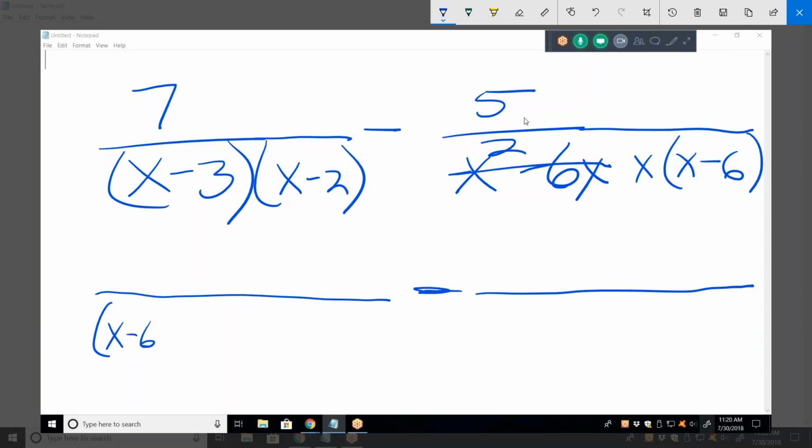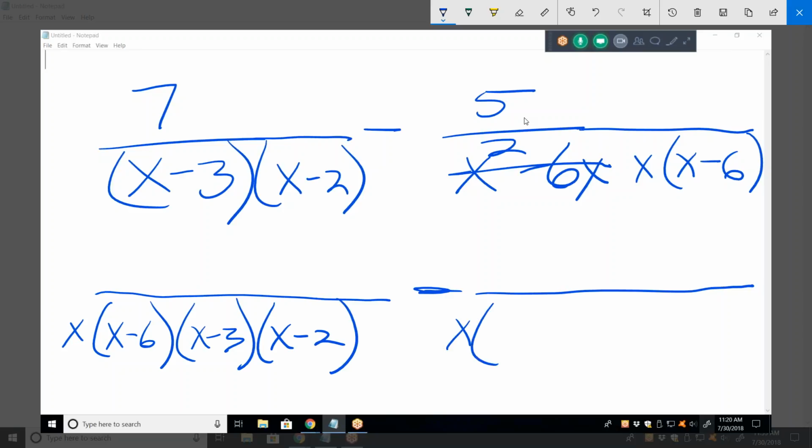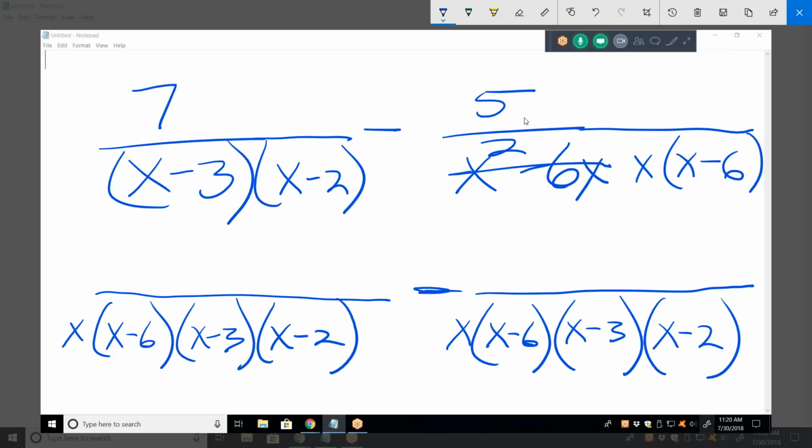Multiply all of them together. None of them are the same. So I've got an x times an x minus 6 times an x minus 3 times an x minus 2. That's my common denominator. And it's the least common denominator. I can't find anything smaller than this that is divisible by all four terms. What goes right here?